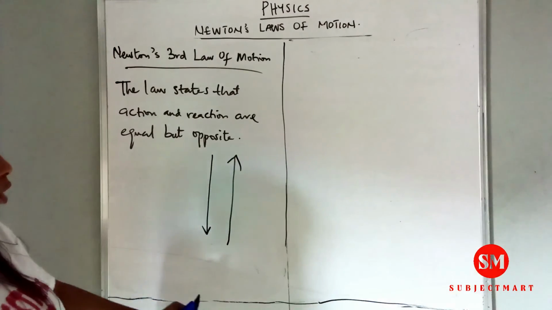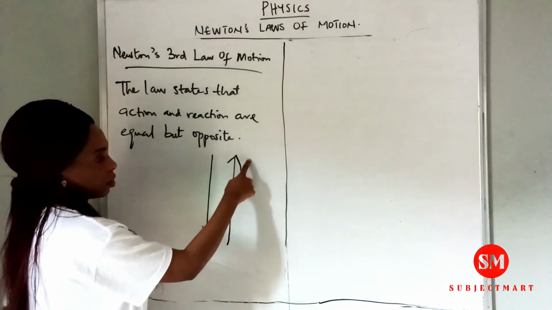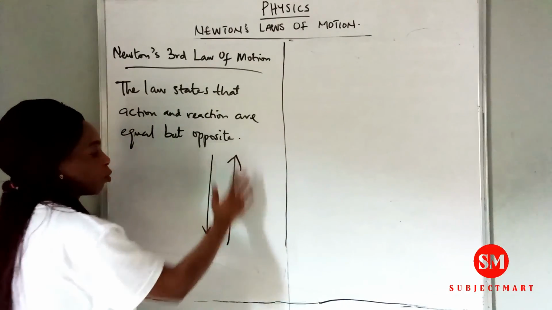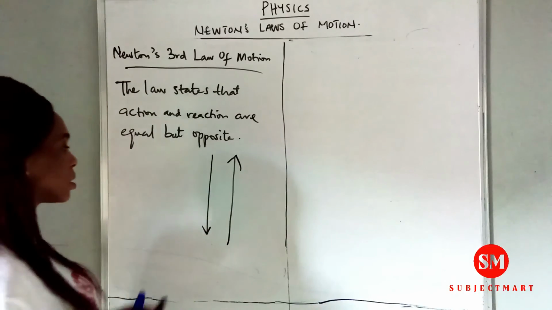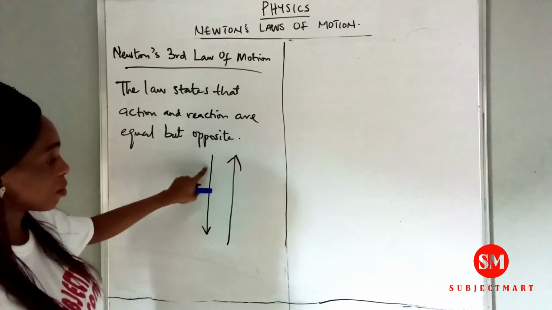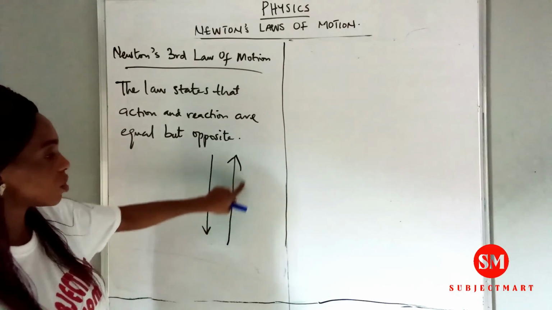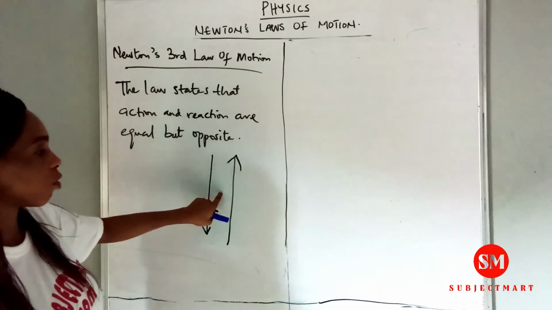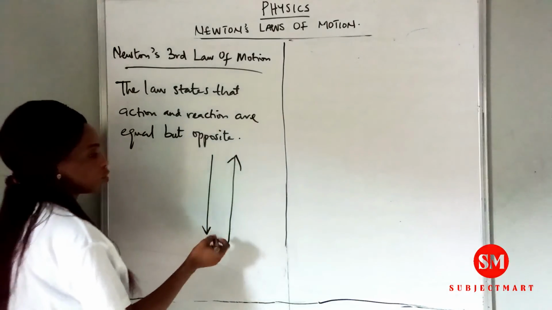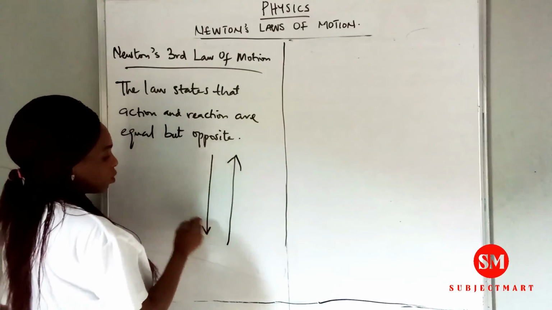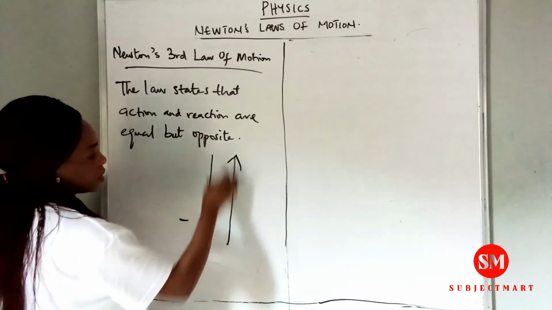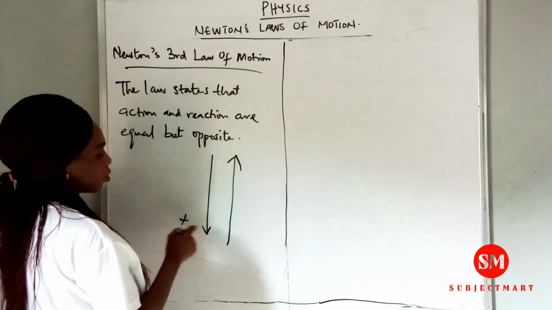Then the rocket reacted by propelling upward. We should note that the high velocity at which these gases are being ejected is equal to the same momentum at which this rocket moved. So this is moving downward negatively, and this is moving positively.